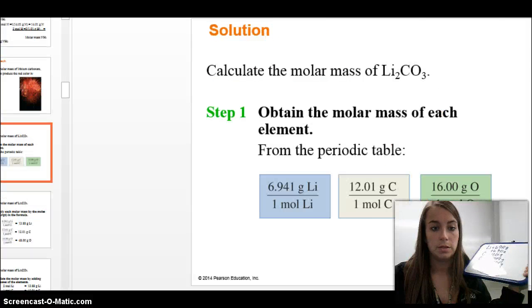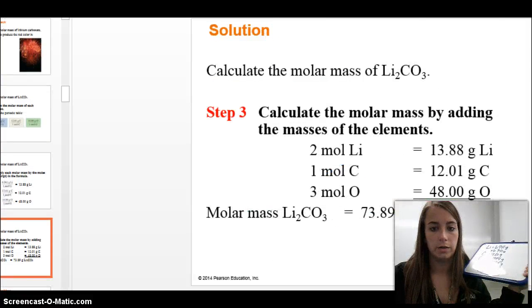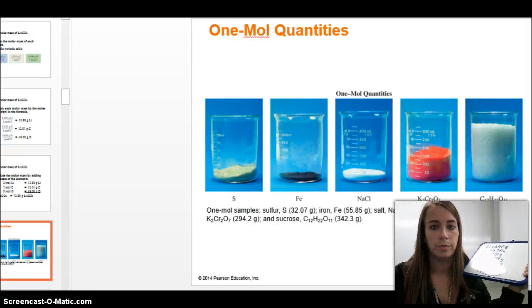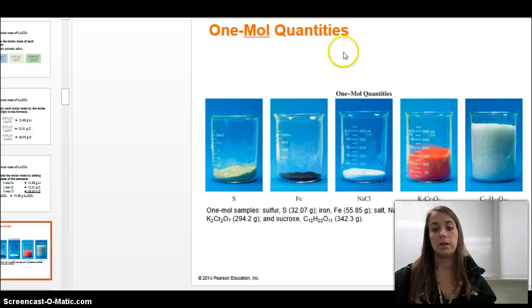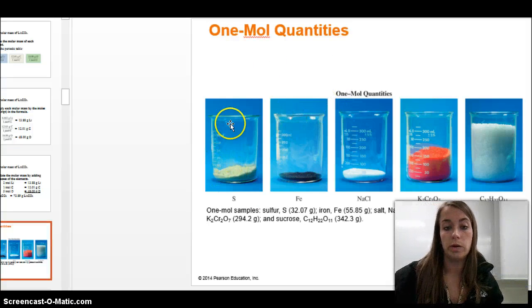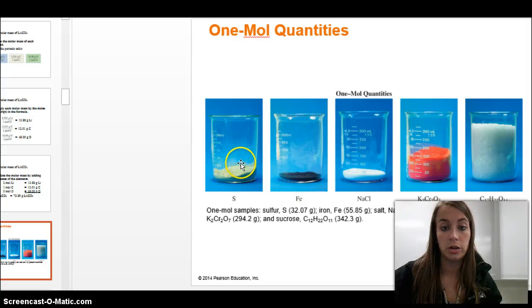Okay, so the next couple slides just walk through that with you again. If you want to take a look at those, you can go ahead. Here are some examples of 1 mole quantity. This is 1 mole of sulfur, 1 mole of iron, meaning that there are 6.022 times 10 to the 23rd sulfur atoms in here. Same thing for iron. This is sodium chloride, salt, so that would be 6.022 times 10 to the 23rd formula units of sodium chloride.